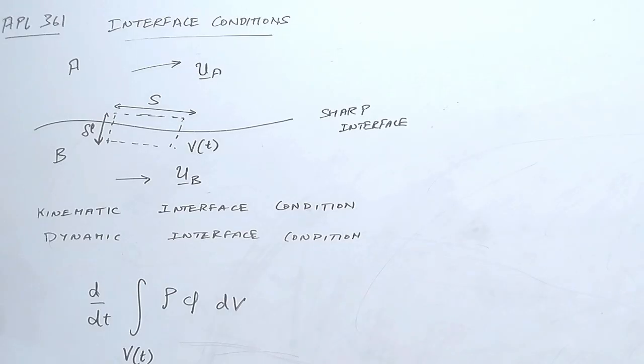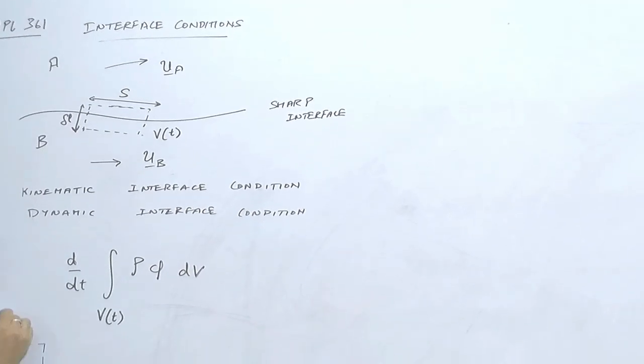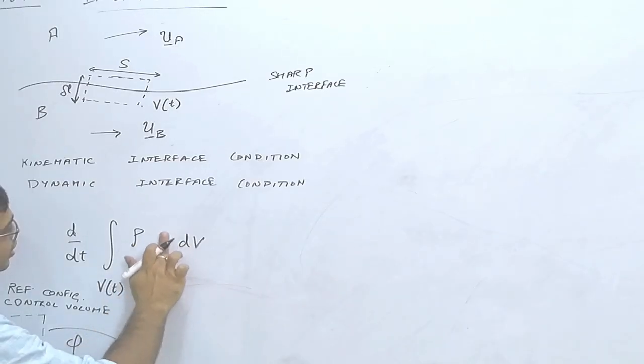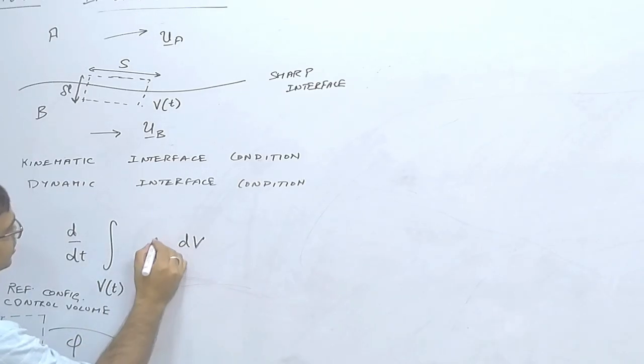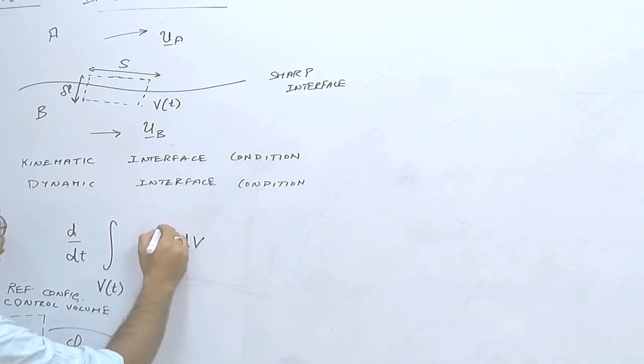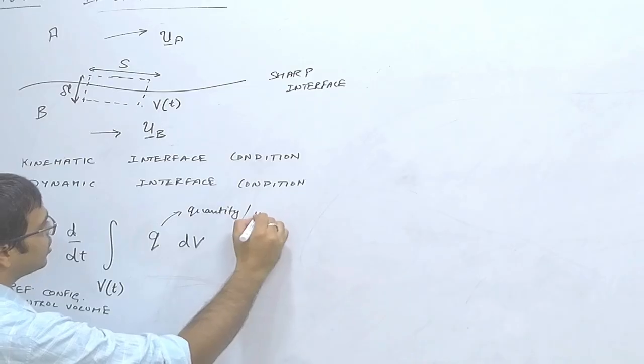Here, instead of taking a fluid element, we consider this as a reference configuration of the control volume, and it is undergoing some deformation. So let me call, we took this as quantity, right? So let's take that only. So q, this is not heat flux vector or anything, this is any quantity per unit volume.